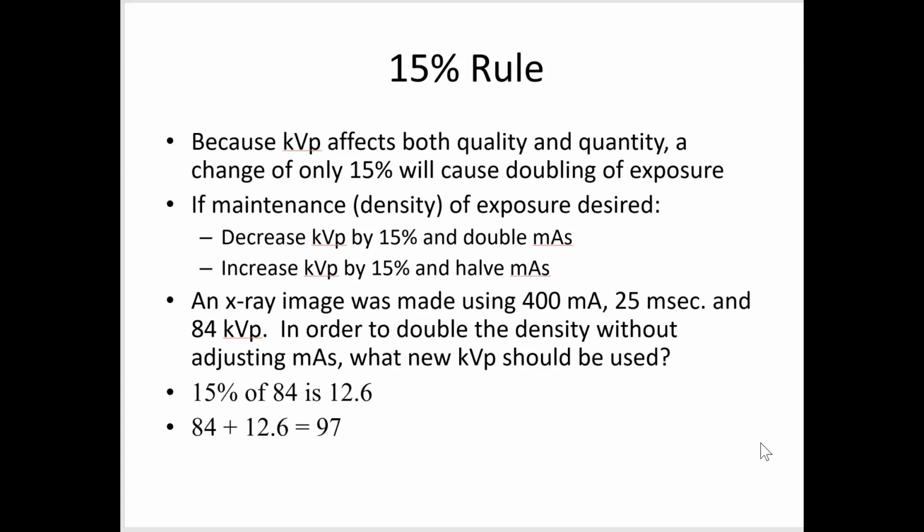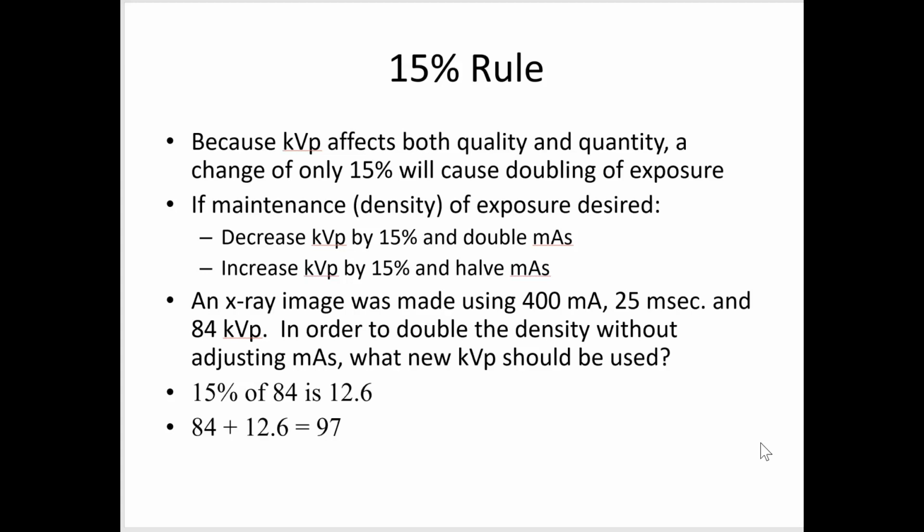Now, that's if you want to double the density. If you want to have a longer scale of contrast, but you want to keep the same density, then you would increase your KVP by 15%, but compensate for that by cutting the MAS in half.